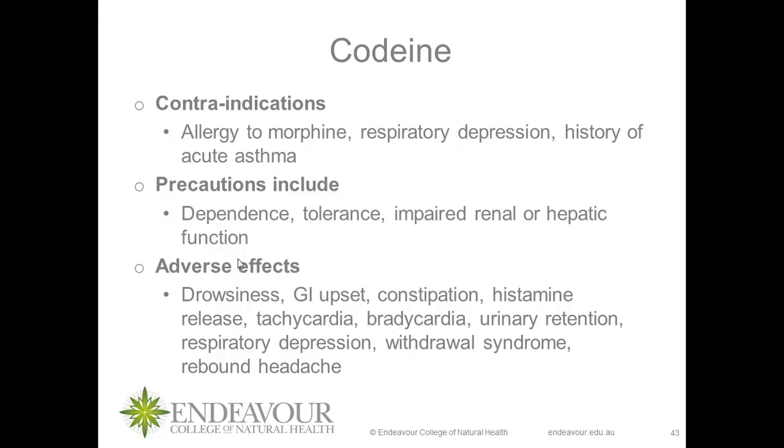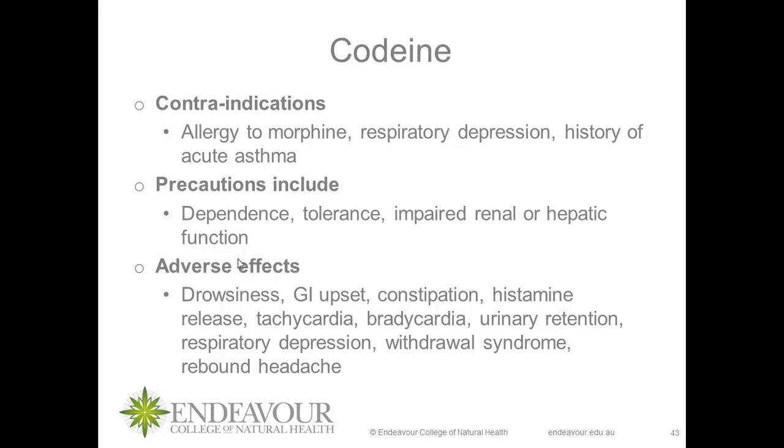Adverse effects of codeine. So once again, compare this with morphine. It does produce gastrointestinal dysfunction and CNS dysfunction, but also some other sites in the body where there are sphincters or smooth muscle.